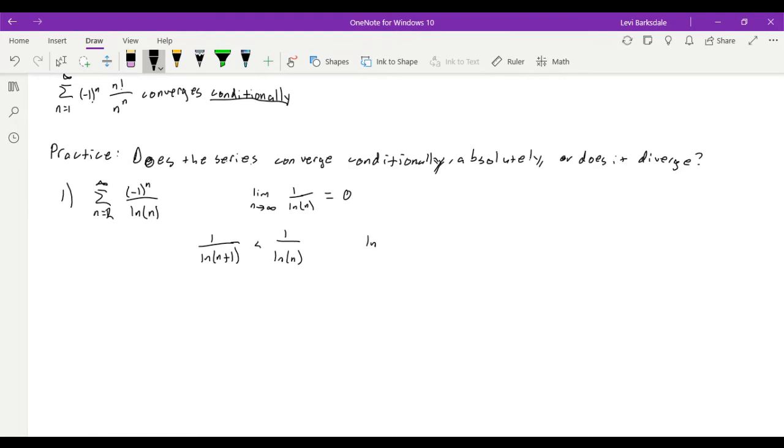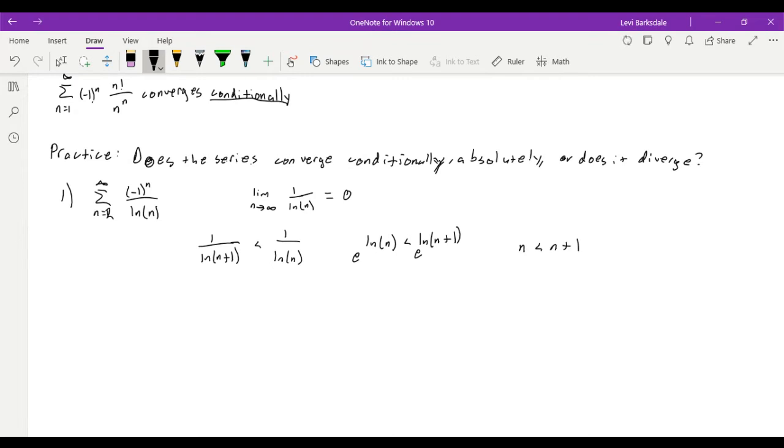By cross multiplying, this gets that the natural log of n is less than the natural log of n plus 1. If we raise both sides to the e, we use exponentials to cancel that, we get that n is smaller than n plus 1, which is, of course, true.